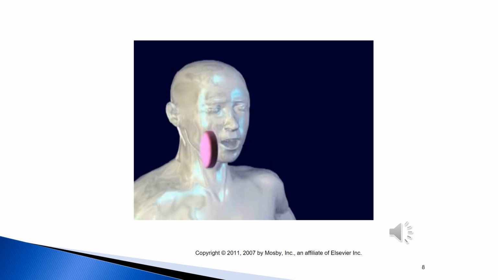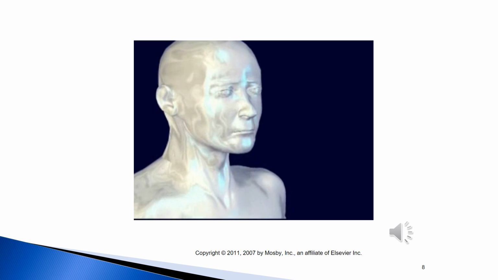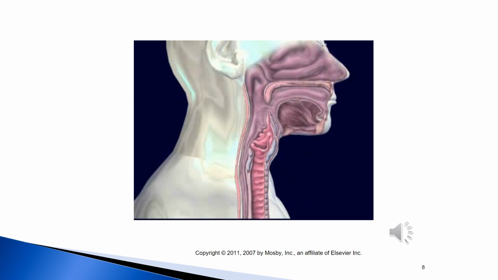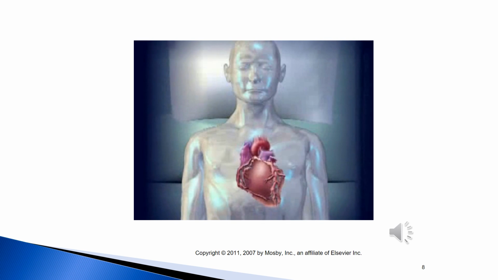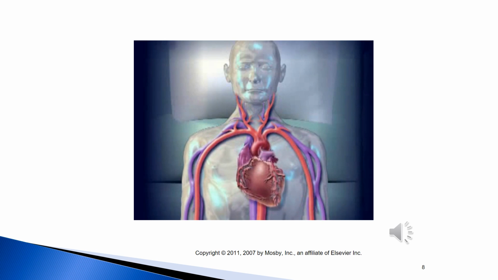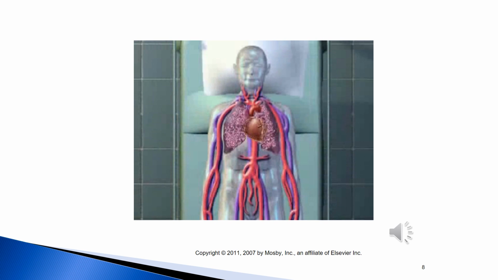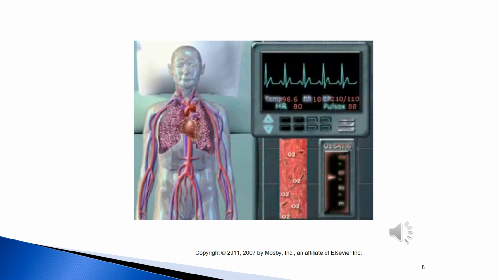Nitroglycerin administered sublingually, under the tongue, is rapidly absorbed and effective in decreasing this pressure on the heart. In response, the blood pressure decreases, as seen on the monitor.